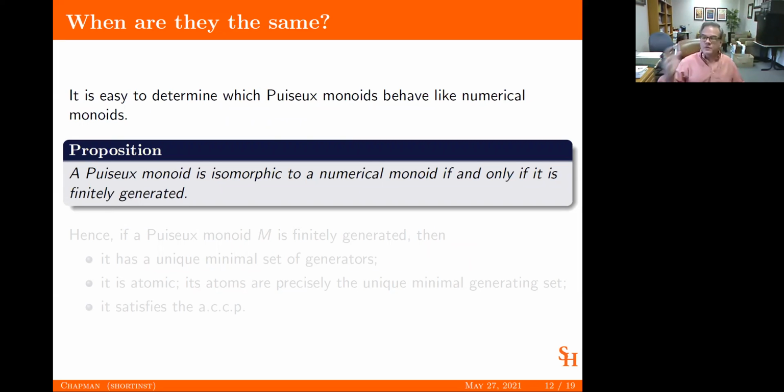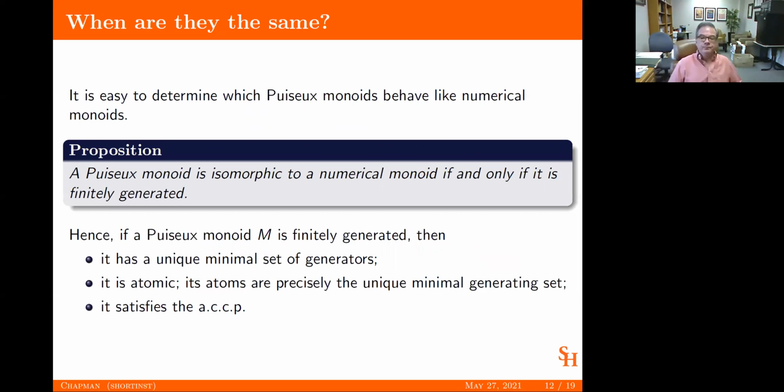So if you're a Puiseux monoid and you're finitely generated, you're isomorphic to a numerical monoid, and all the things on the left-hand side of that chart on the previous slide are going to work. So those aren't what I would call the interesting Puiseux monoids. So if a Puiseux monoid is finitely generated, again, using the chart on the previous page, it has a unique minimal generating set. It's atomic. Its atoms are precisely the elements of this generating set, and it satisfies the ACCP.